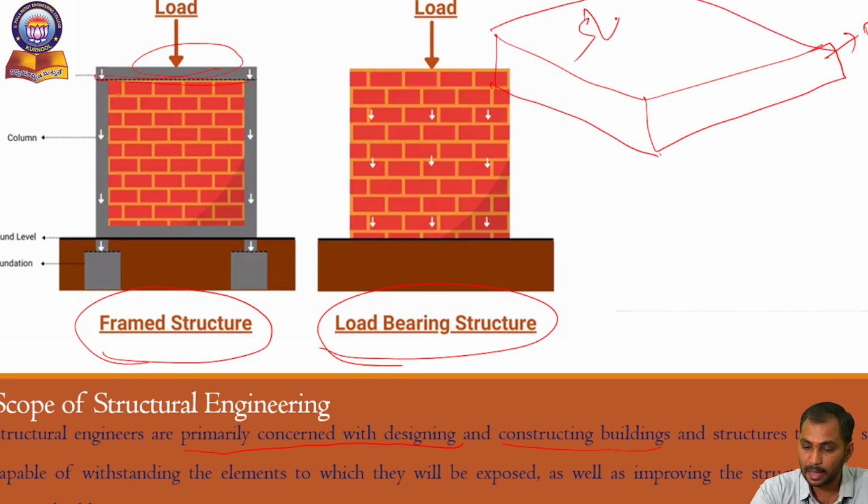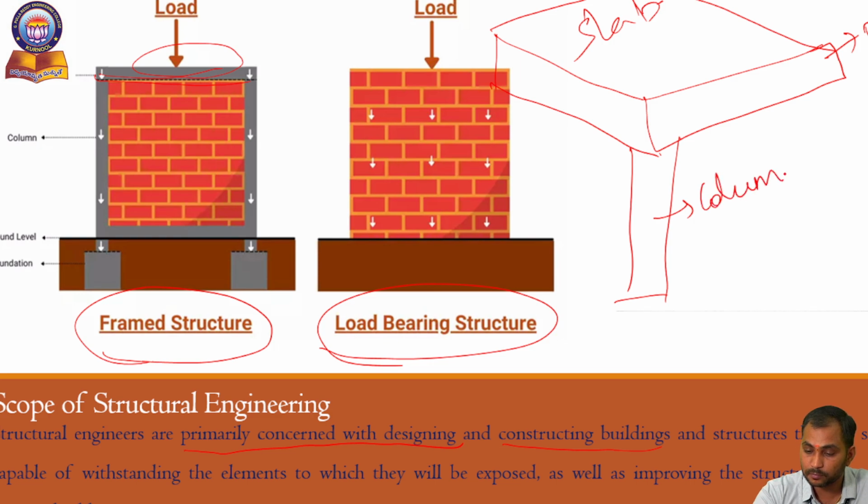This is a slab, the upper top surface is the slab. The slab rests on the beam, and the beam is supported on the columns. And the entire structure which is seen above the ground surface rests on what is under the ground surface, that is the foundation part.